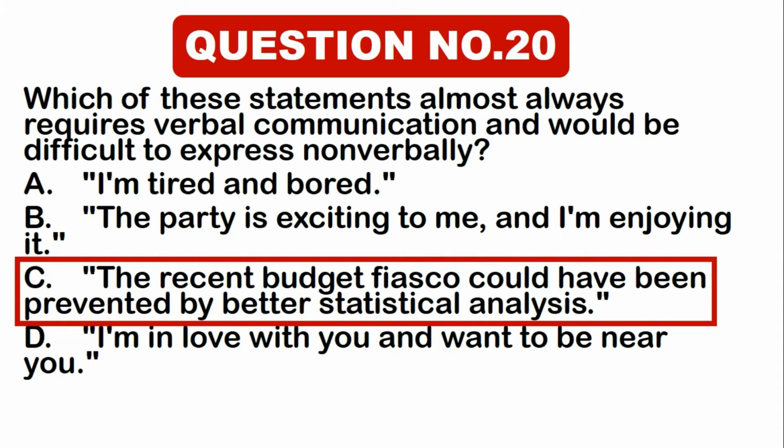So B is incorrect. Option D, I'm in love with you and want to be near you. You can show that you are in love by just using body movements, your expressions, gestures.